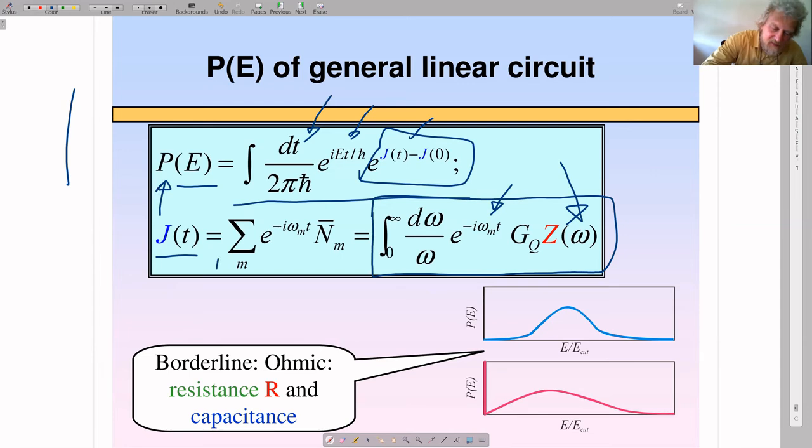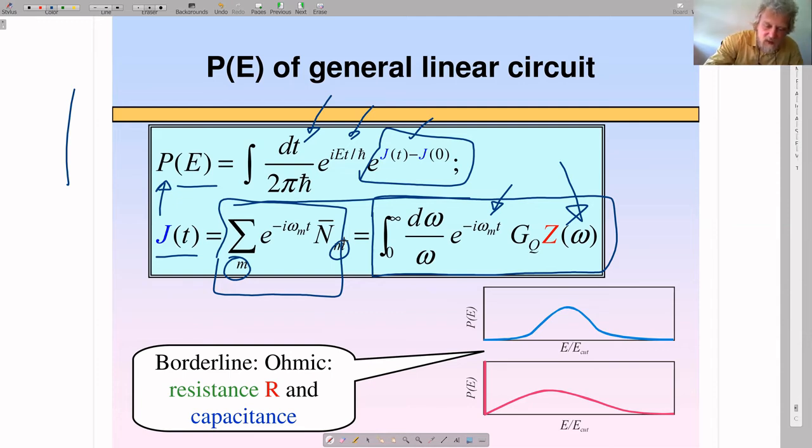This J is written in a form which shows that it is a sum of contributions of individual oscillators. And each oscillator is labeled with m. And there is a certain average number of quanta a tunneling particle can excite in each oscillator.